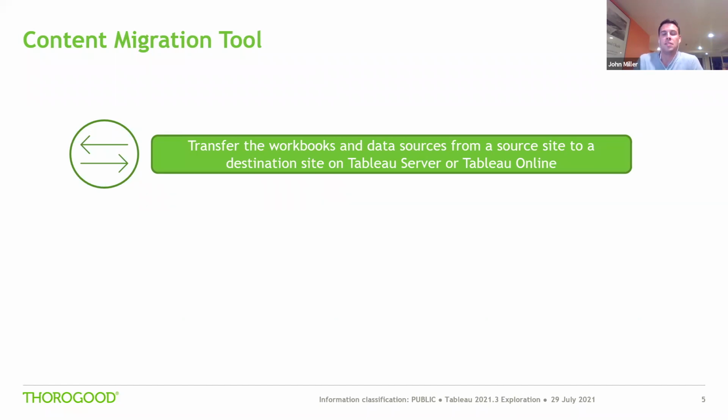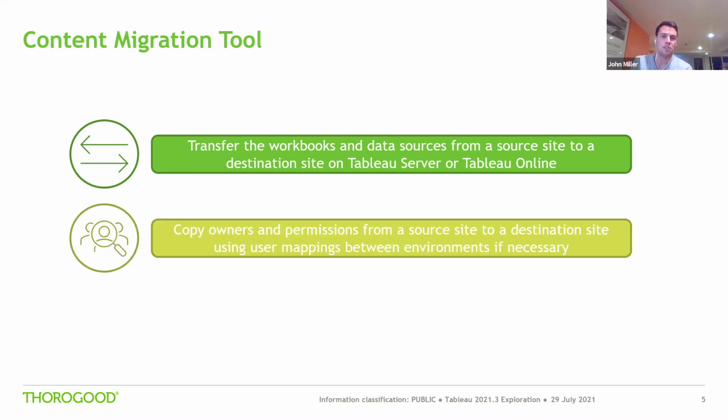It was previously limited to just being used for migrations between Tableau Server projects. The content migration tool is now being expanded to include Tableau Online as well. So that means the content migration tool can be used to move workbooks and data sources between Tableau Server and Tableau Online, or within Tableau Server or Tableau Online.